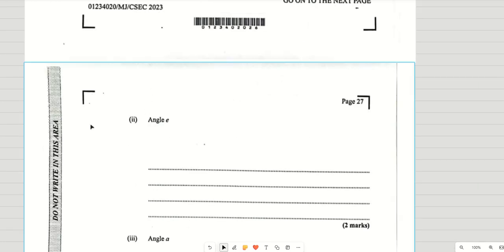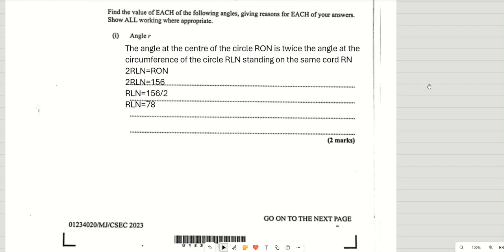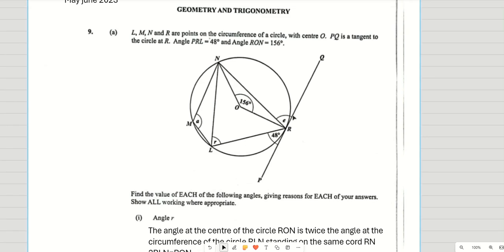Same thing, we want to find out angle E. Let's look at where angle E is. That is this angle. Again, guys, we can see that OR and ON are our radii. So therefore these two angles here and here are the same, the base angles.